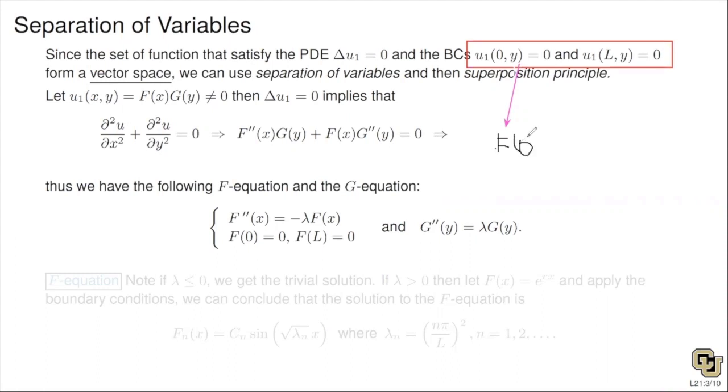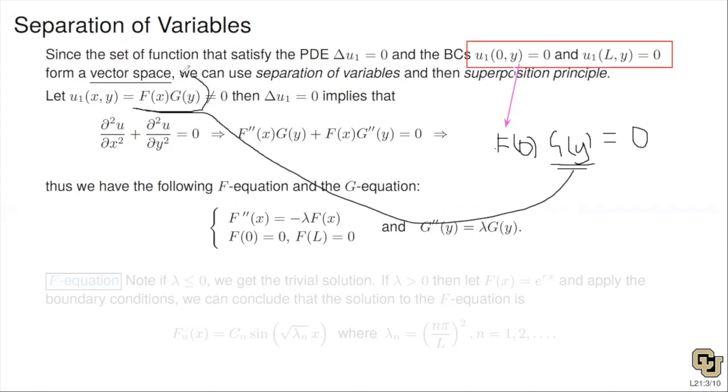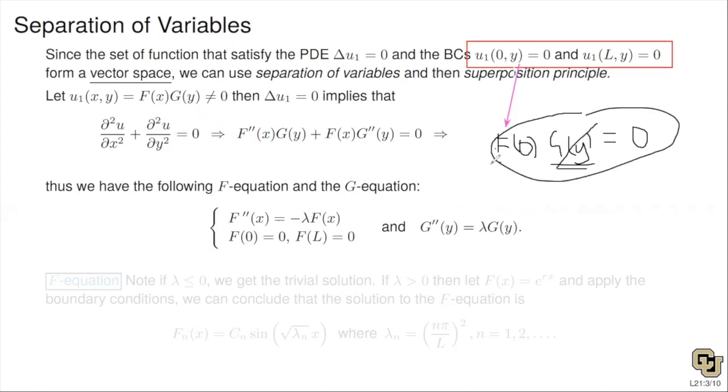So this says f of 0 times g of y equals 0. And now I claim g of y cannot be identically equal to 0. If g of y equals 0, then we get a trivial solution, which is not allowed. So I claim g of y is not 0, so we can cancel this. And so you get a boundary condition f of 0 equals 0.